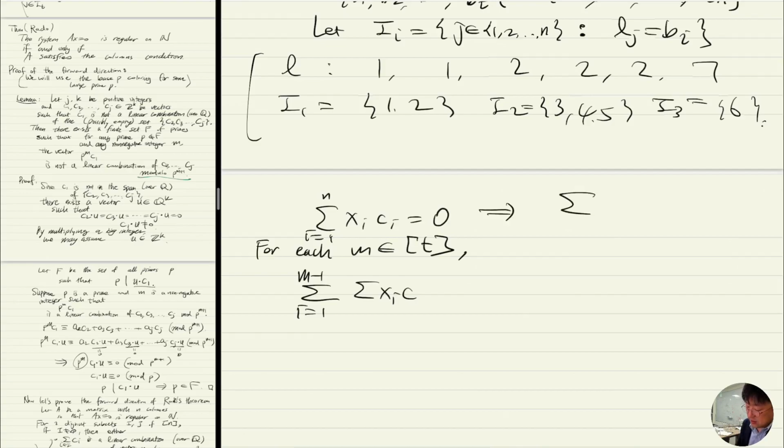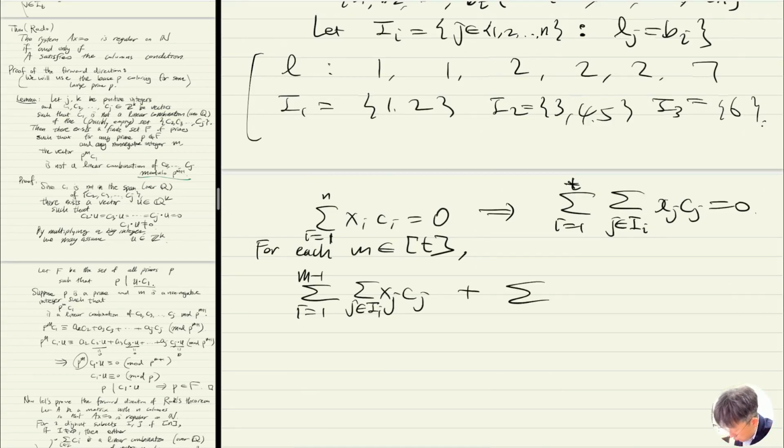I can write this sum as from 1 up to t, and for each one I look at the indices in I and add xj cj. This is 0. It's the same thing. Now from m to t I have again xj cj is 0.